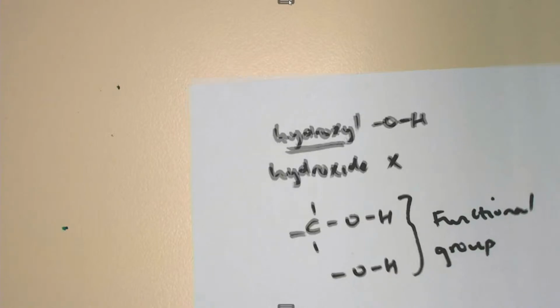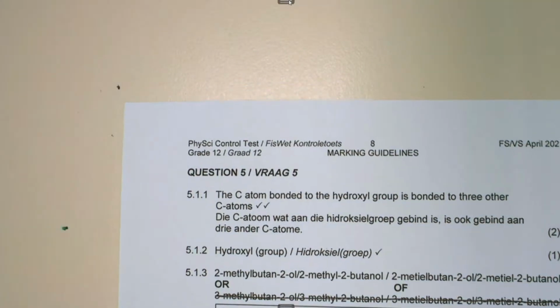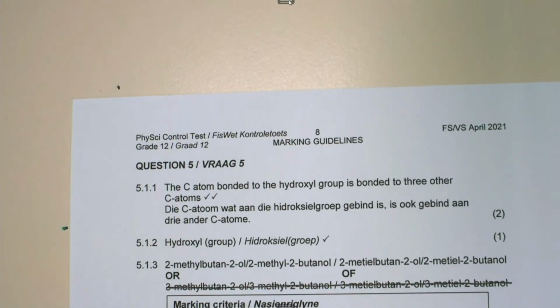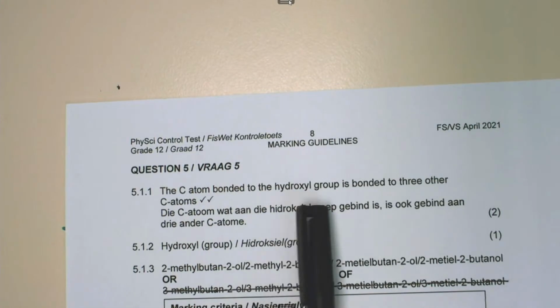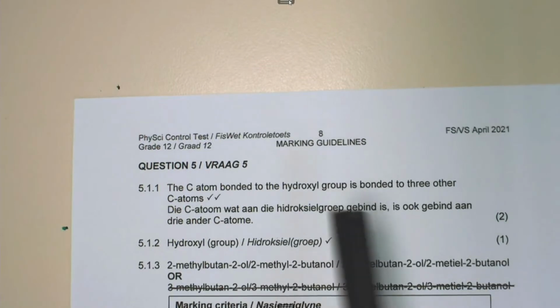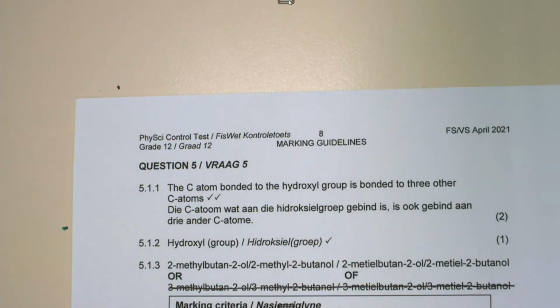So I decided to only give one option in the memorandum, which I want to believe is understandable to all of them. The carbon atom bonded to the hydroxyl group, which is that OH group, colleagues, is bonded to 3 other carbon atoms.